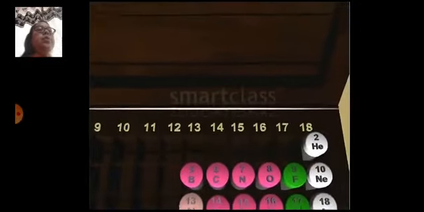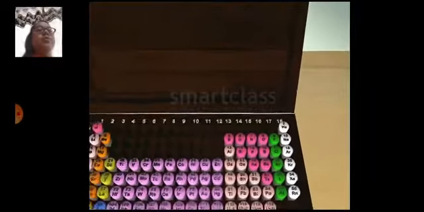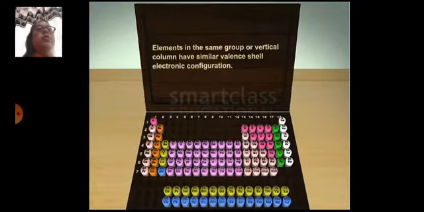As the modern periodic table is arranged according to increasing atomic number, the elements in the same group or vertical column have similar valence shell electronic configuration.